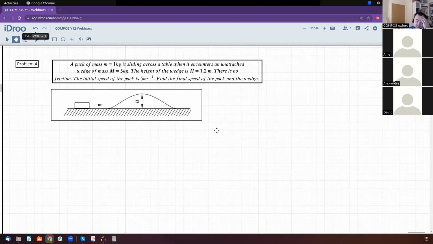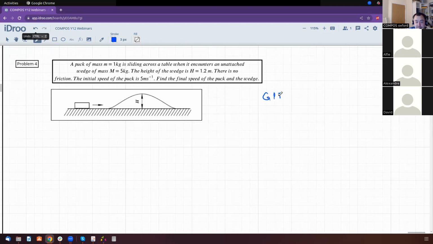Or what are the possible scenarios? Yes. What is the GPE at the top to determine whether it will go over or not?